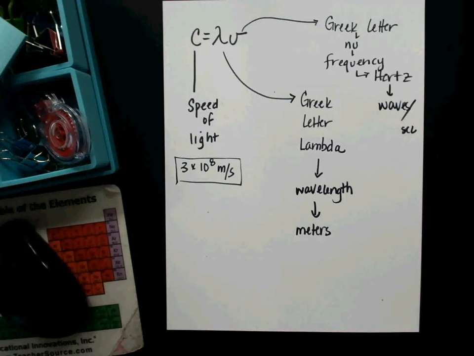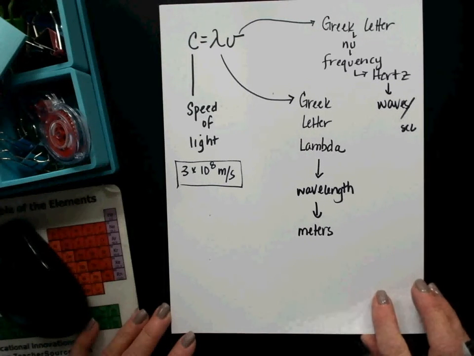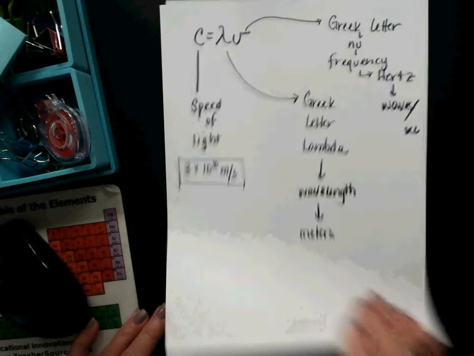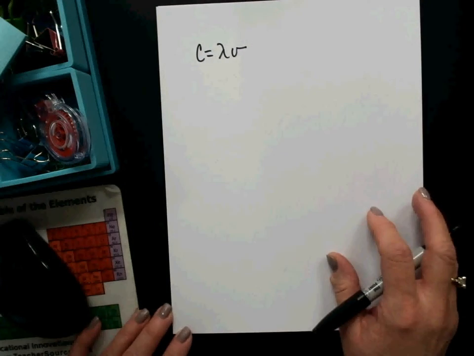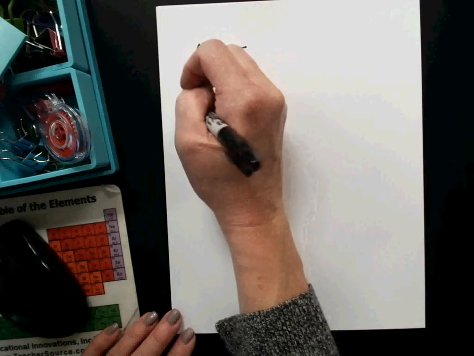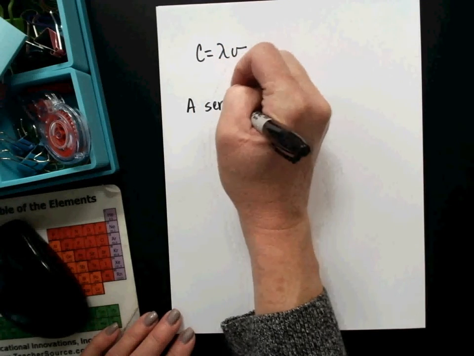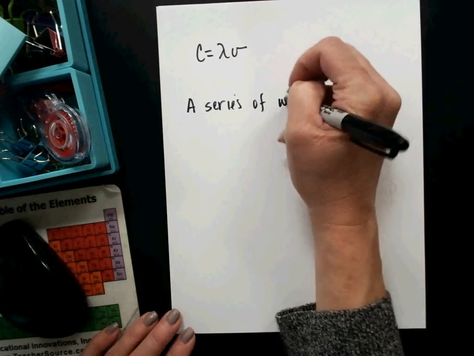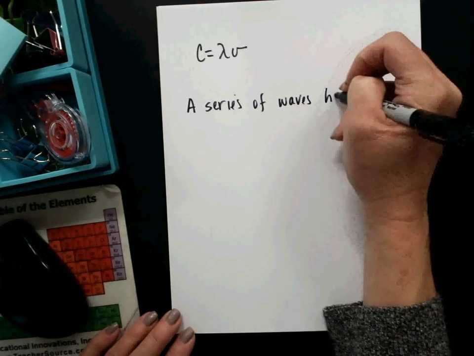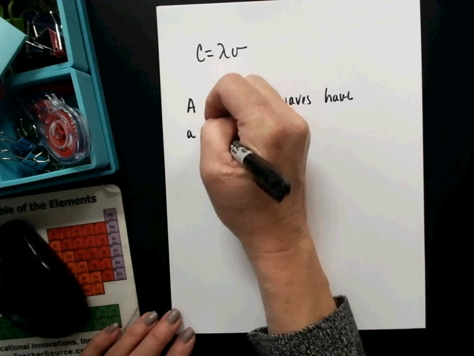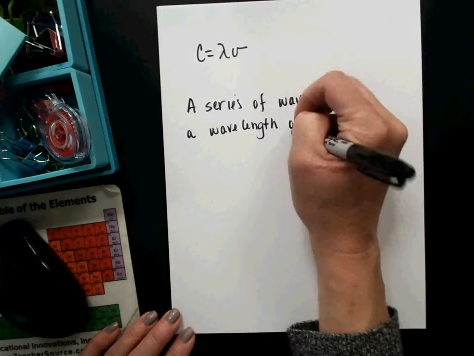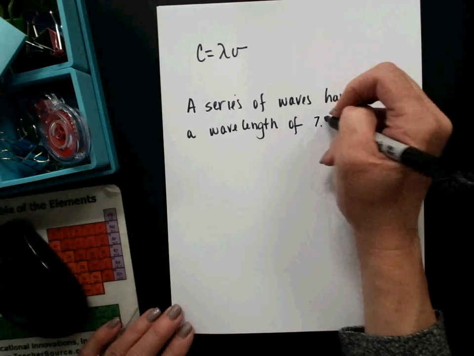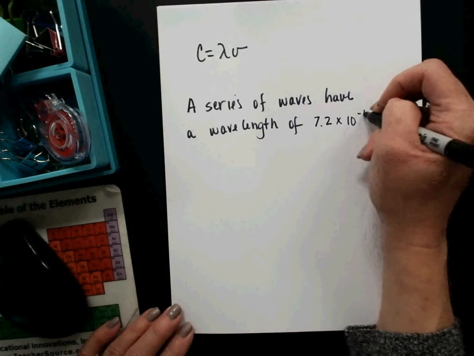So let's just do a couple practice problems. So I'm going to carry my formula over, and I'm going to say a series of waves have a wavelength of 7.2 times 10 to the negative 12th meters per second.